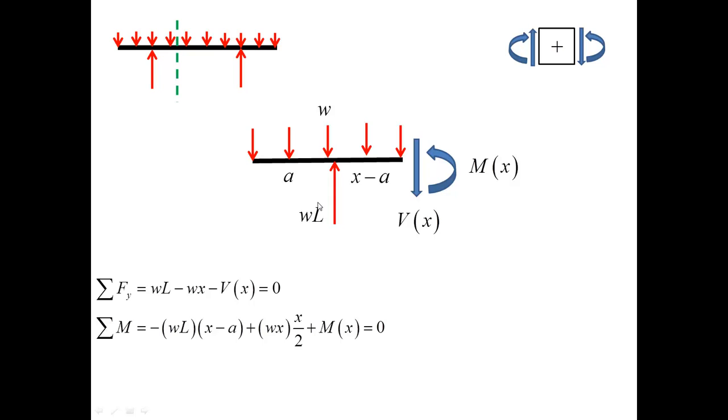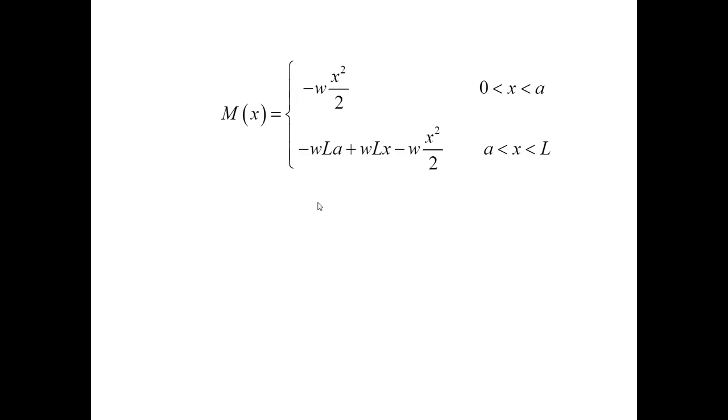The solution to this equation is given here, and so now the bending moment is given in the following form. Between 0 and A, M of X is given by this expression following from the cut on the left, and between A and L, the second cut gives us the expression here.